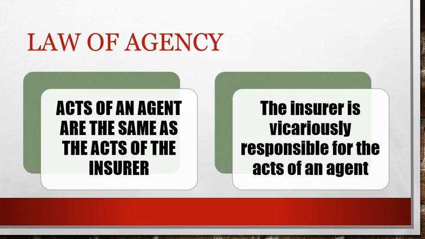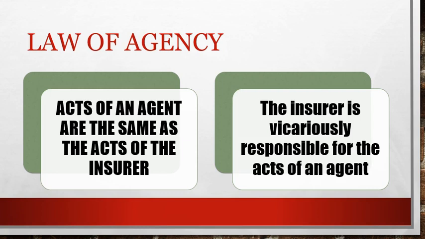The law of agency is the relationship of the agent and the principal, also known as the insurer. It states that the acts of an agent are the same as the acts of the insurer.